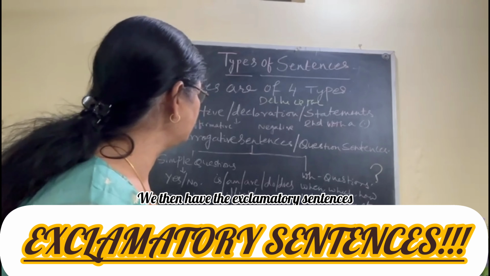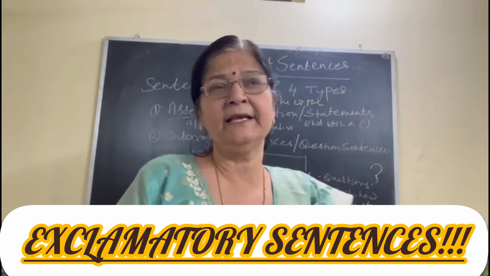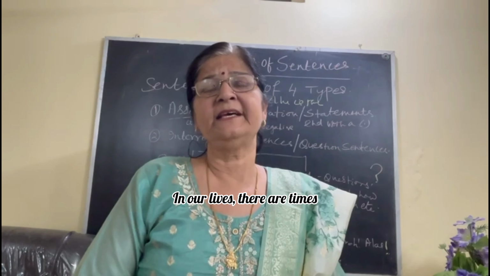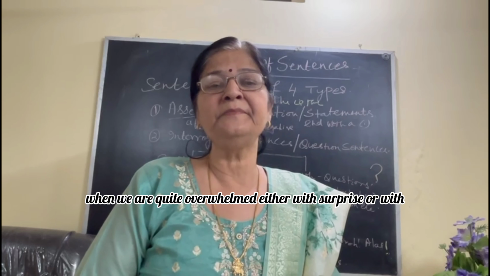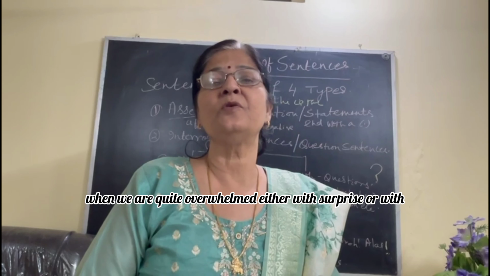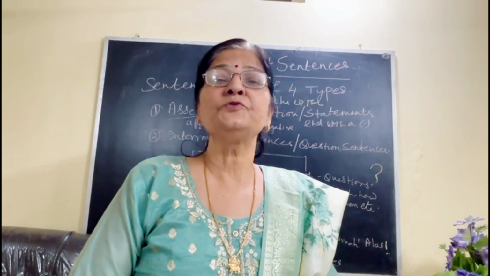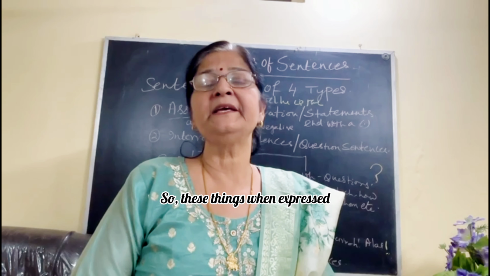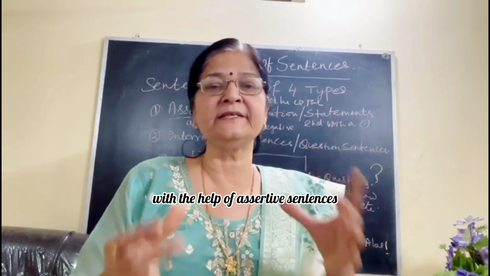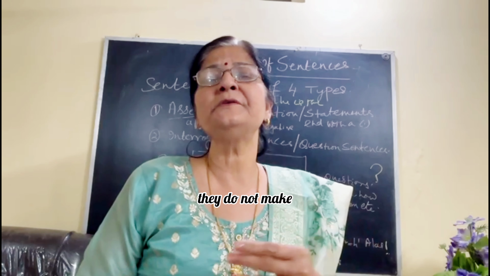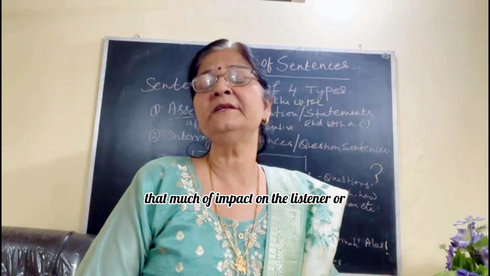We then have the exclamatory sentences. In our lives, there are times when we are quite overwhelmed, either with surprise or with happiness. When these things are expressed with the help of assertive sentences, they do not make much of an impact on the listener.